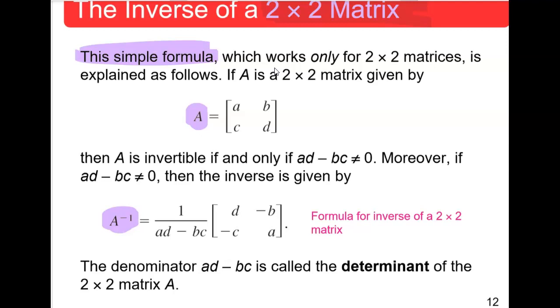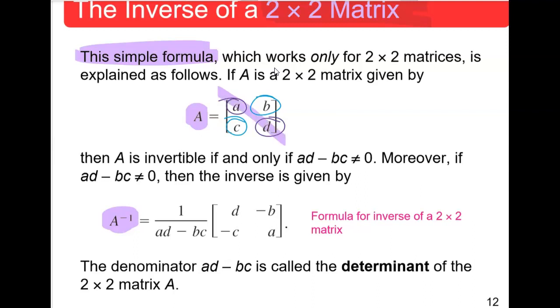The number in the first row, first column is A, the number in the first row, second column is B. Second row, first column is C, and then second row, second column is D.